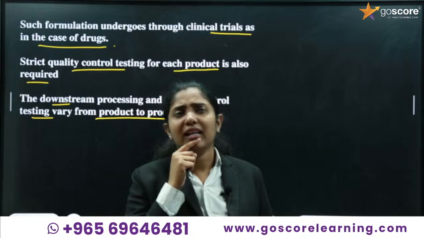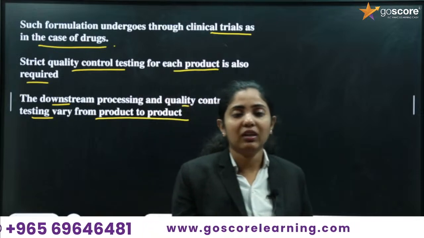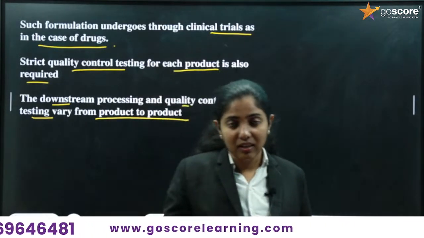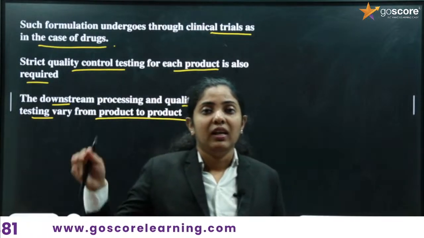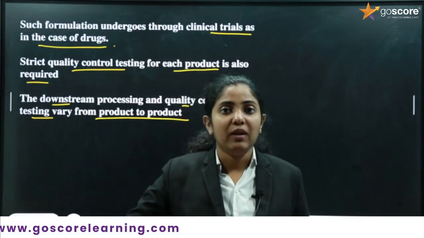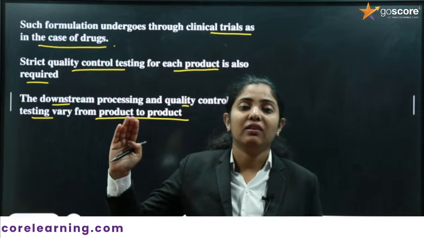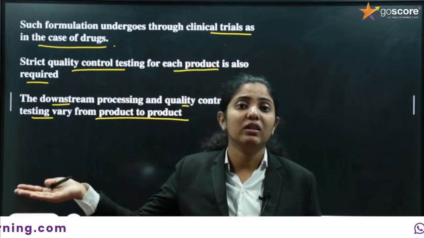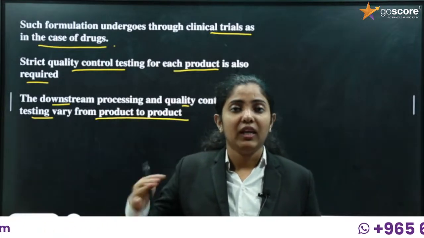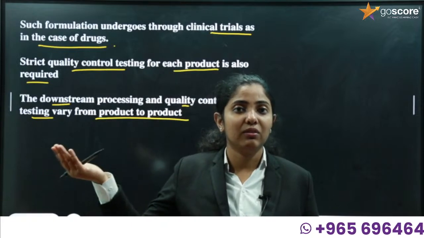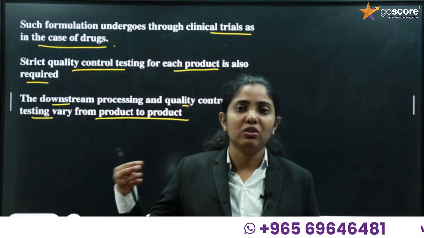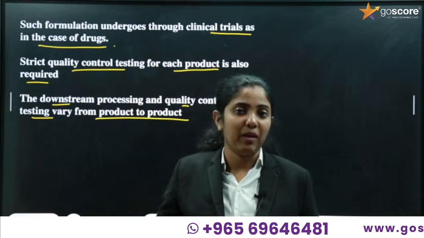For example, we can consider the BT cotton gene. That is isolated and given in a particular way, but if you consider insulin, it is another case. What is insulin? It is for all human beings who are suffering from diabetes, right?